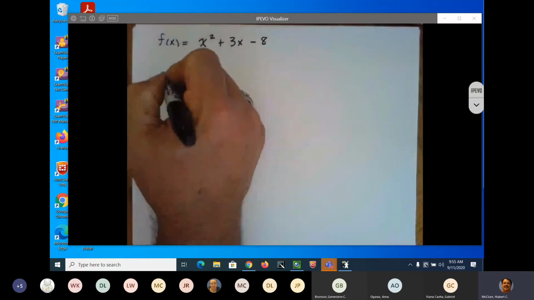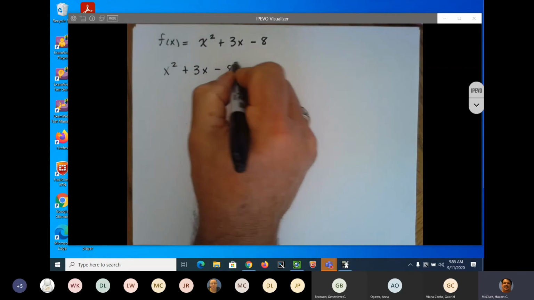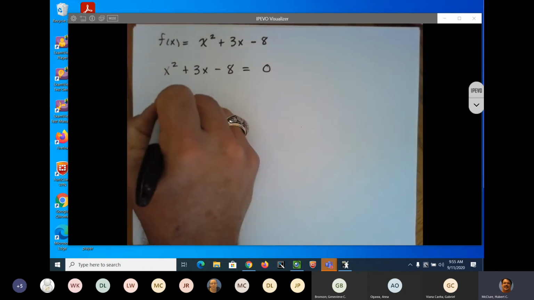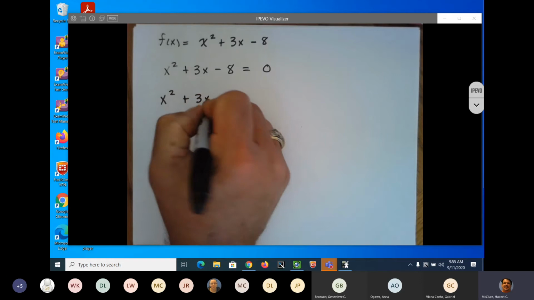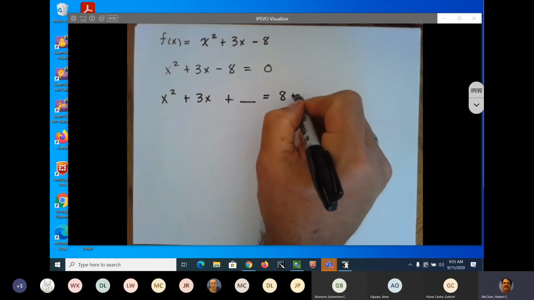So x squared plus 3x minus 8 is equal to 0. Set it equal to 0. Move the 8 and add the blanks. X squared plus 3x plus blank is equal to 8 plus blank.